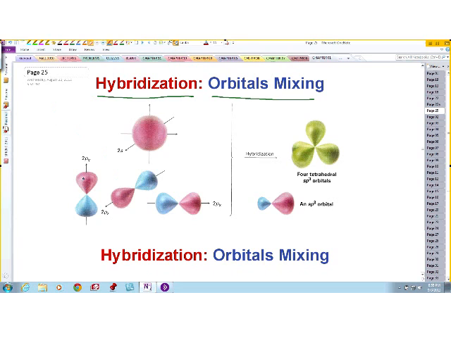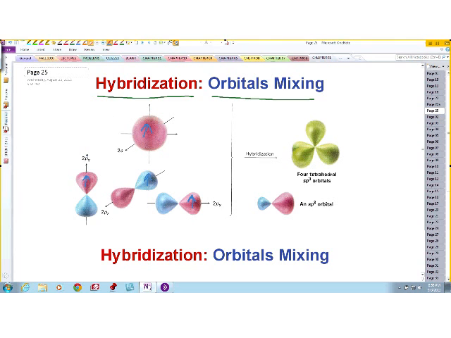So at this point, we assume electronic promotion. 1 electron is here, 1 electron is here, 1 electron is here, 1 electron is here. So each one of the atomic orbitals has 1 electron.